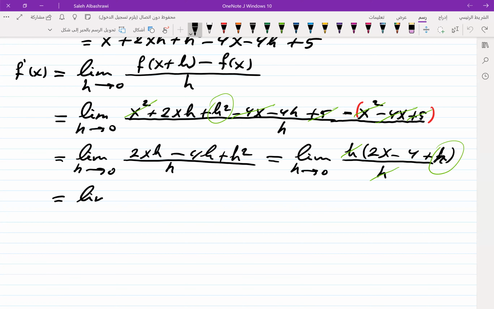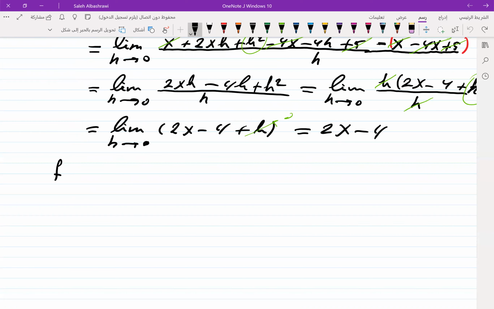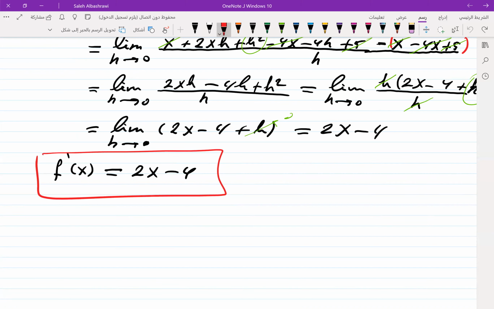So it is the limit of 2x minus 4 plus h, where h goes to 0. Just replace h by 0. I will have 2x minus 4. So the derivative function, f prime of x, is equal to 2x minus 4. So this is the derivative of this given function.